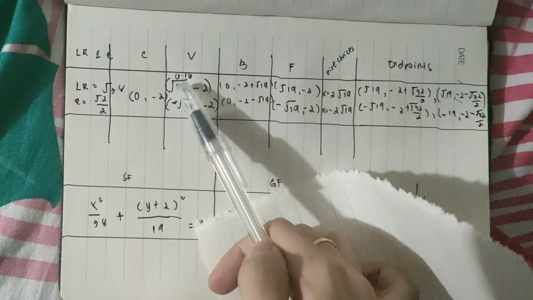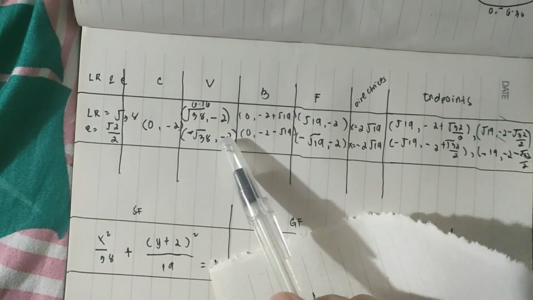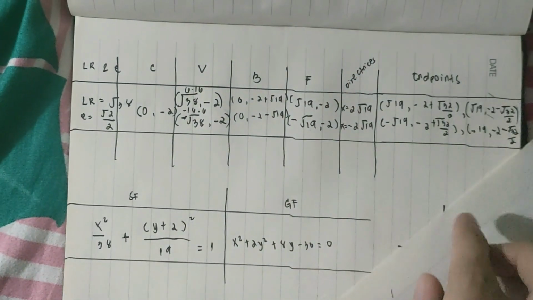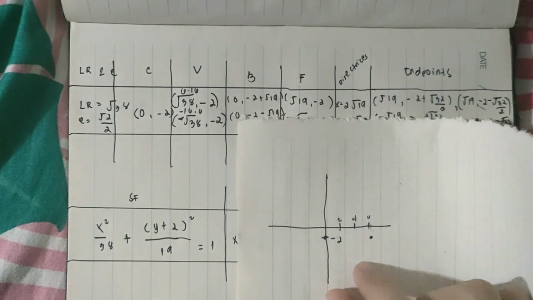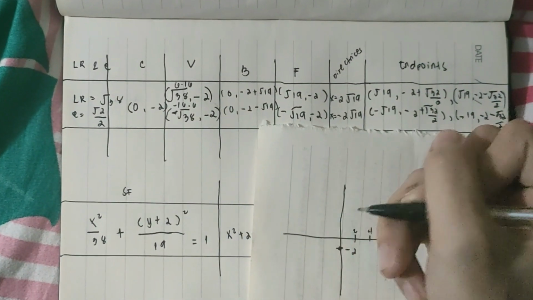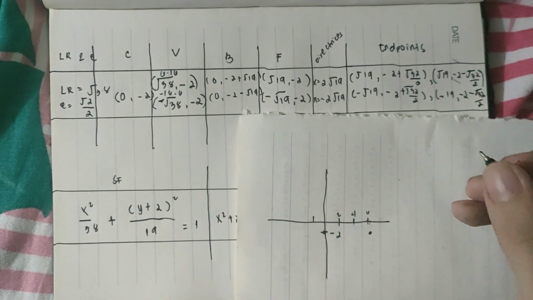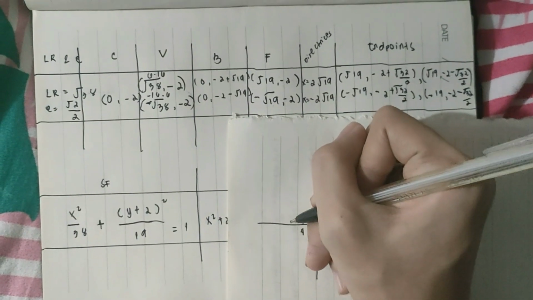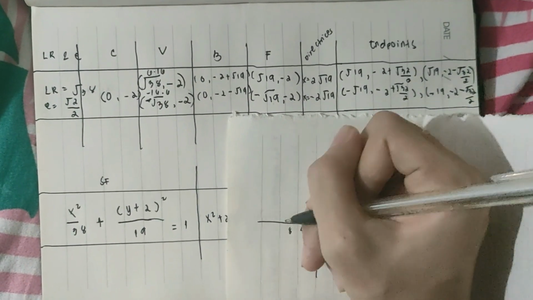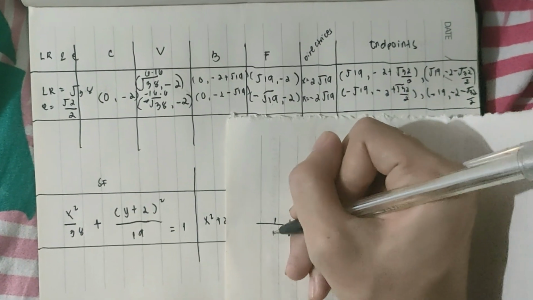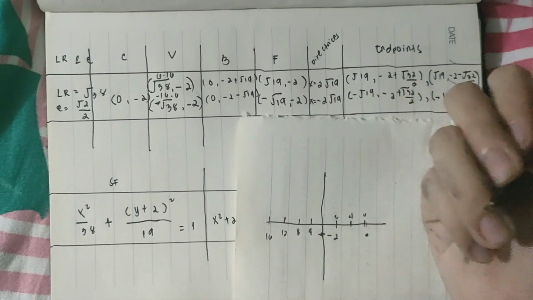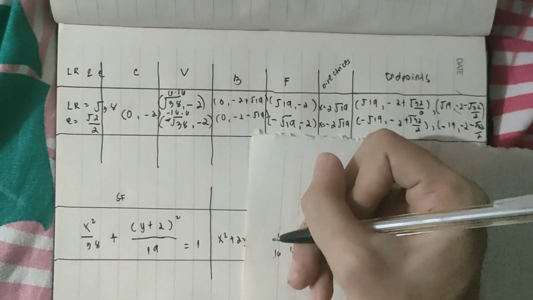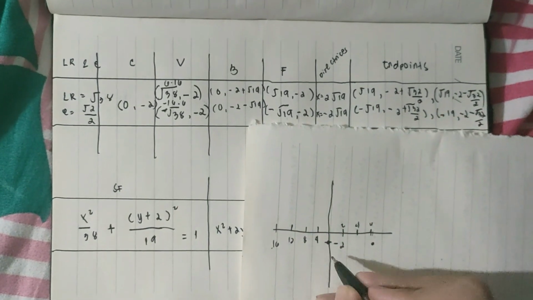Yung square root naman nitong negative 38 ay nasa negative 6.16. Negative 6.16, so, dito siya. 4, 8, 12, 16. So, ito, negative 6.16 and negative 2.